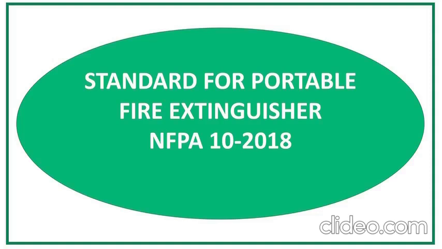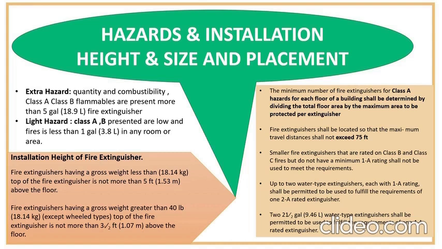Today I'm going to go through the standard for portable fire extinguishers according to NFPA 10 2018: hazard, installation, height, size, and placement of the fire extinguishers. An extra hazardous area is recommended for quantity and combustible type of fire, class A and B, the fire extinguisher is 18.9 liter.